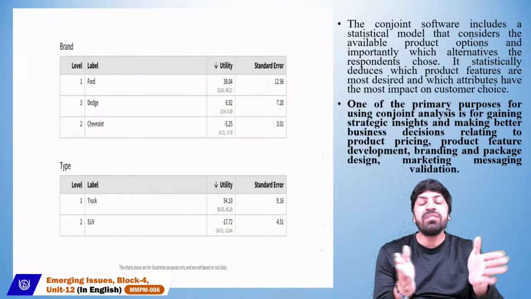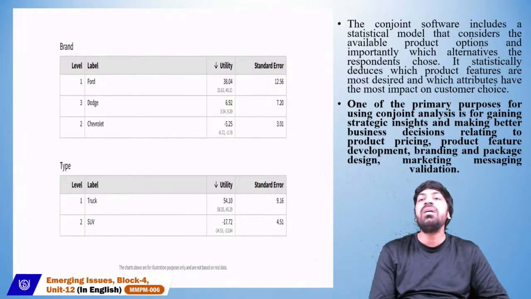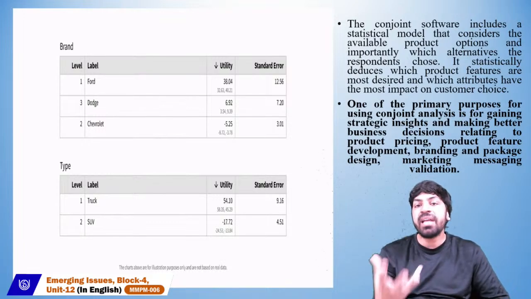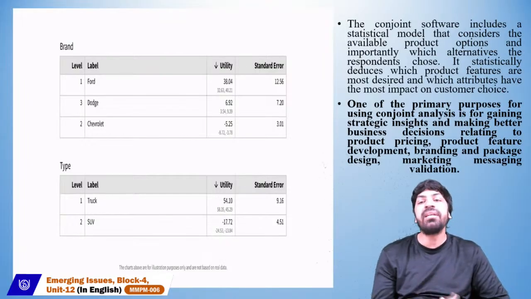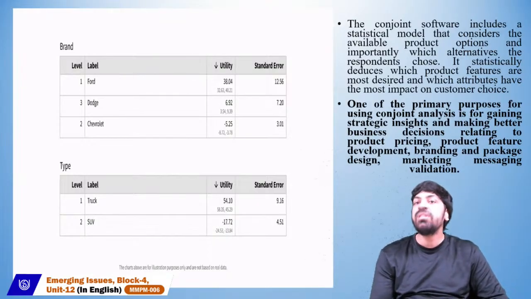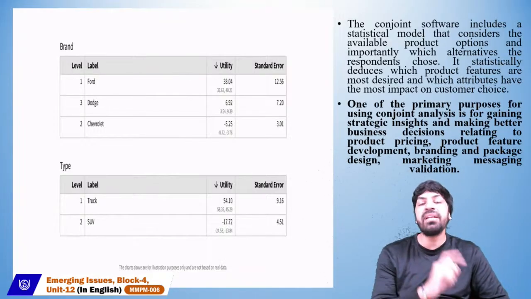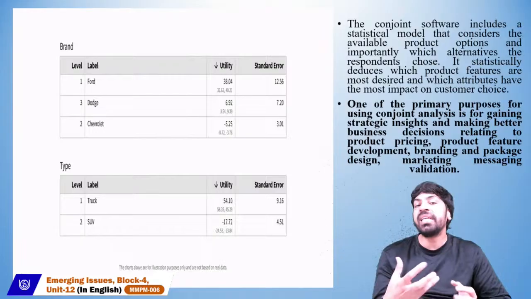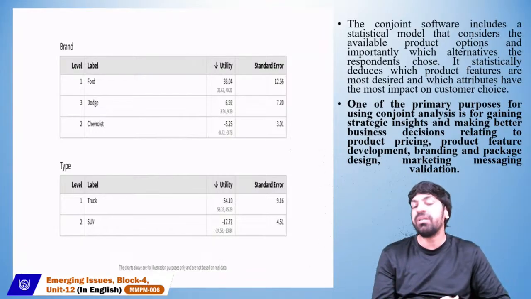These are the results estimated using the conjoint analysis SPSS software, and these are the final results: under the brand, the standard error comes up to 12.56, which is the highest standard error, so that particular level will be chosen. This is how the interpretation of the results is achieved after analyzing the data, and this is where the researcher gains insight and concludes the results.